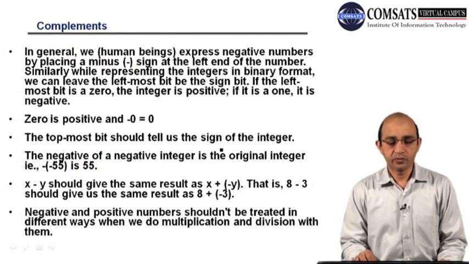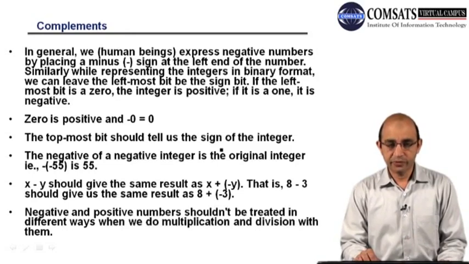Whenever we want to represent a negative number on paper, what we normally do is put a negative sign or bar at the left hand side of that number. But whenever we have to represent a negative number in a computer system, we have to follow a certain mechanism.